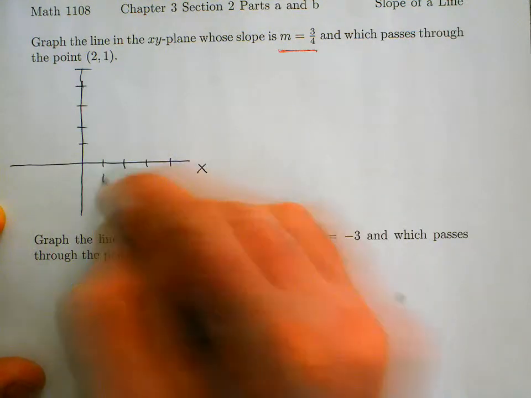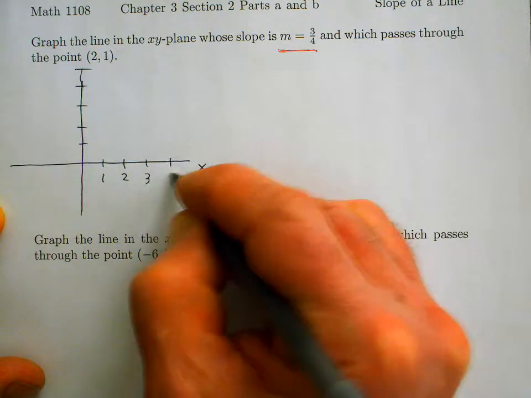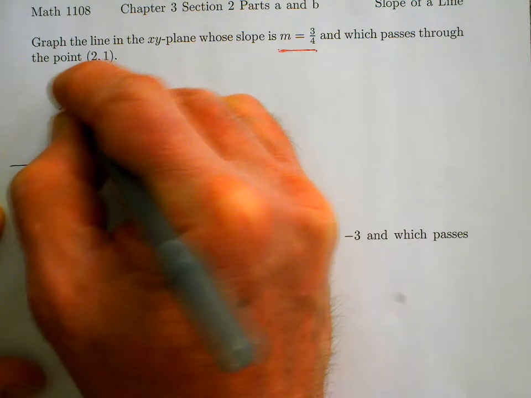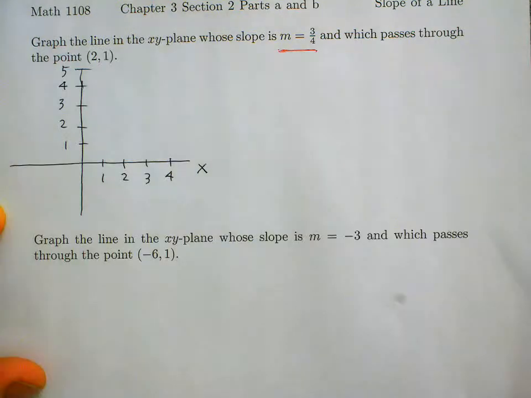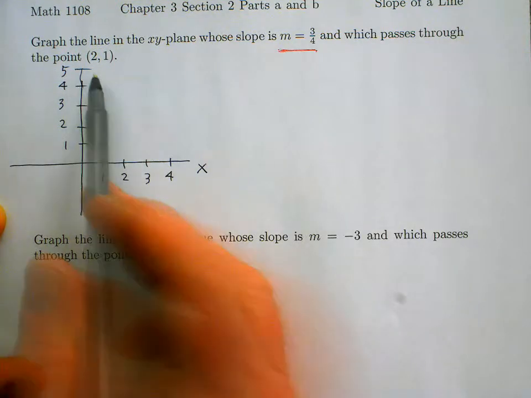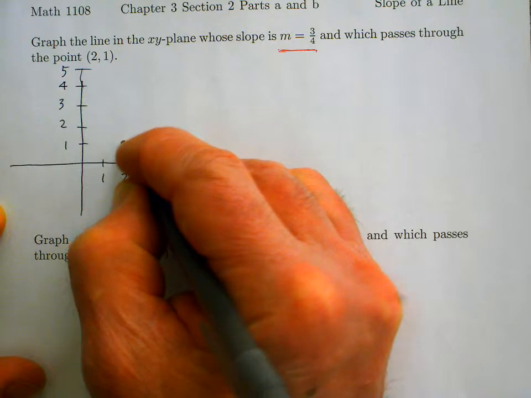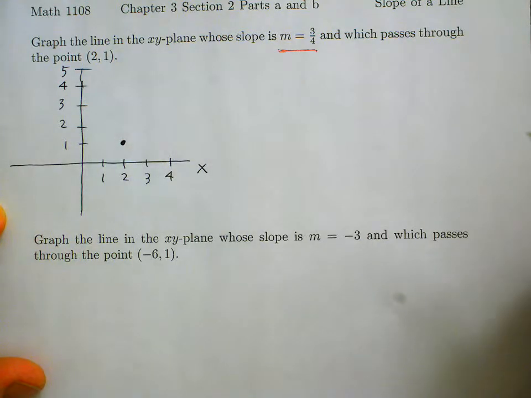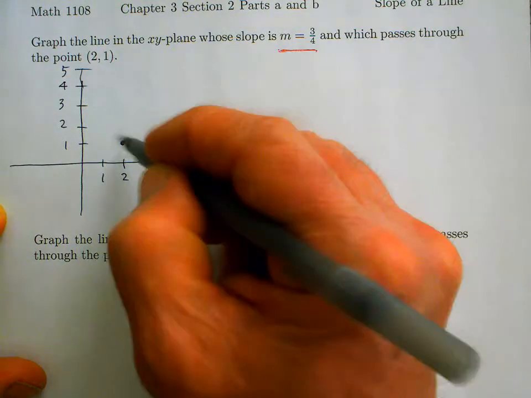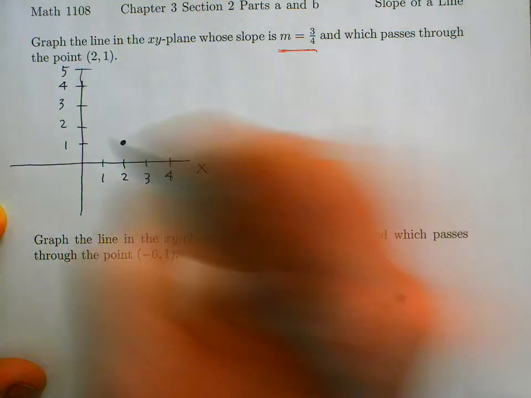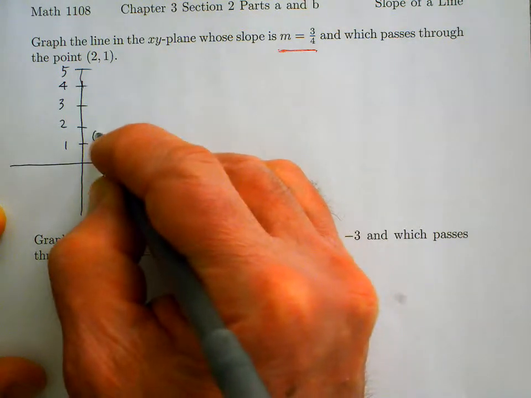So I'll number these tick marks. The ordered pair (2, 1), 2 for x and 1 for y, that's this one. So I'll label it (2, 1).